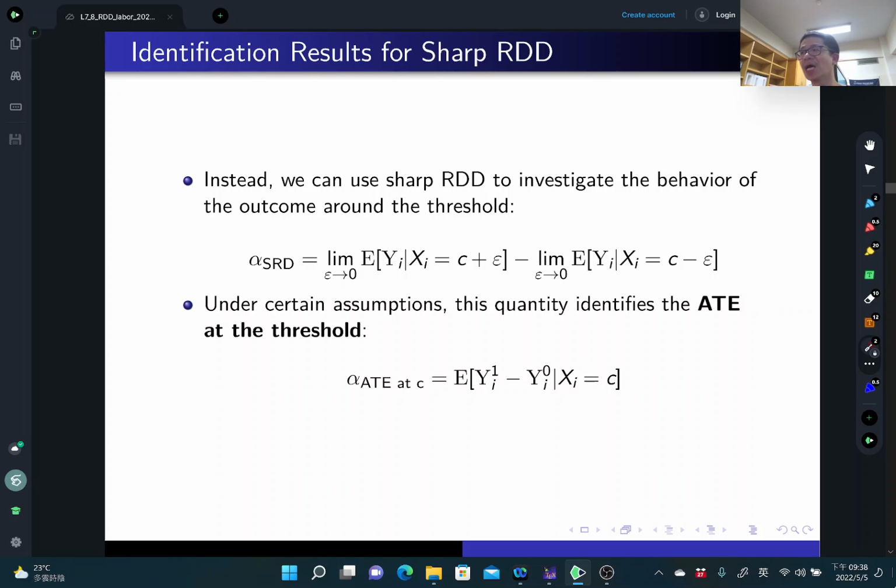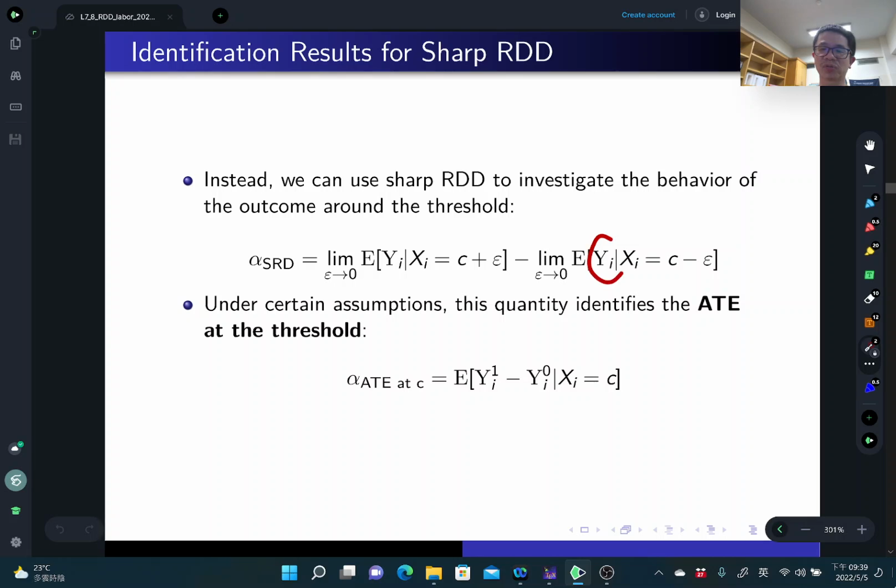That is the people whose age is just below, just minus epsilon. Epsilon is very small, so that means maybe just a few days before the 21st birthday. These people's age is very similar to the treatment group, the people who can drink alcohol legally, but they cannot due to this law.